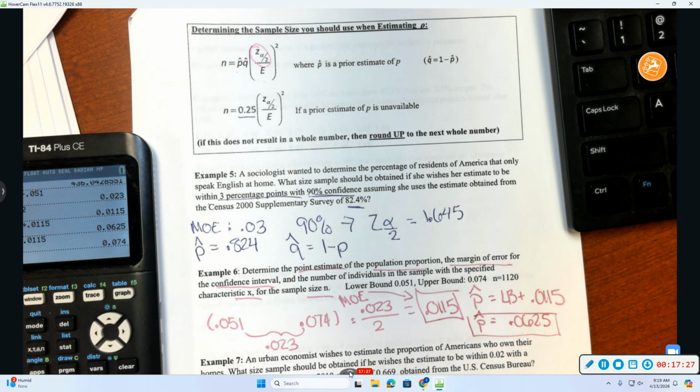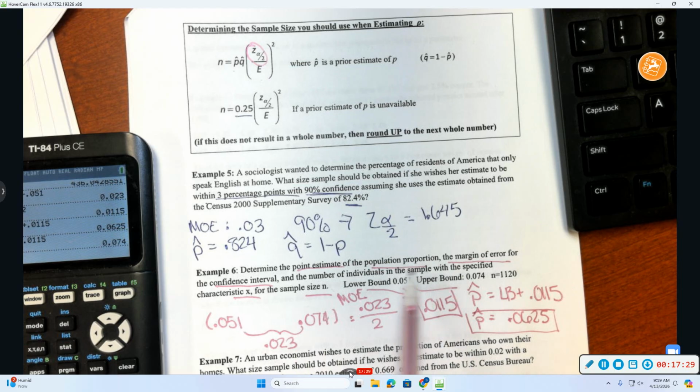Well, using some logic, what was the other thing they asked? We found the point estimate, we found the margin of error. They want the number of individuals in the sample.